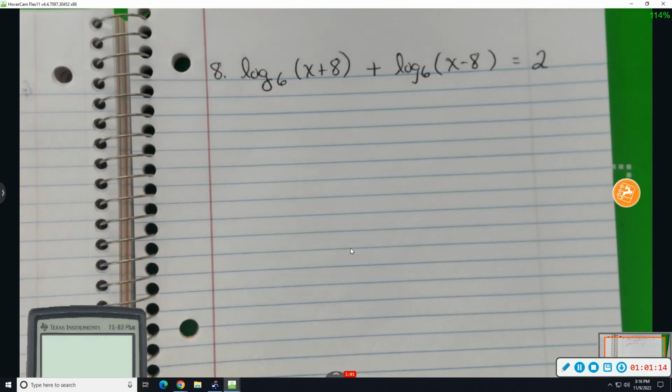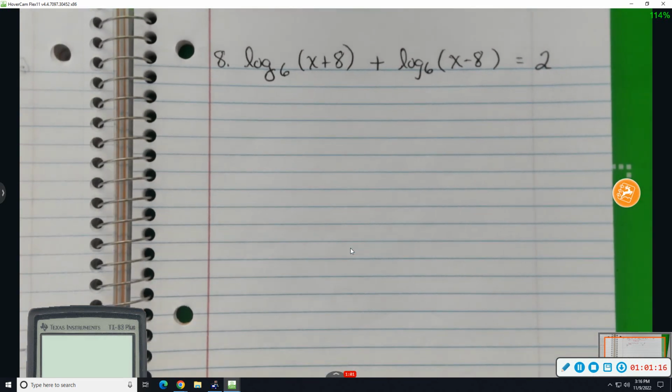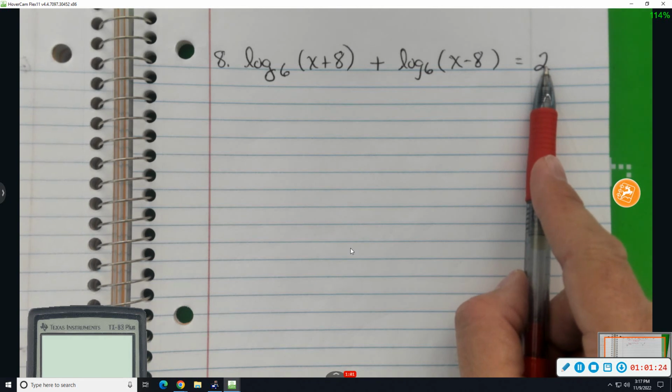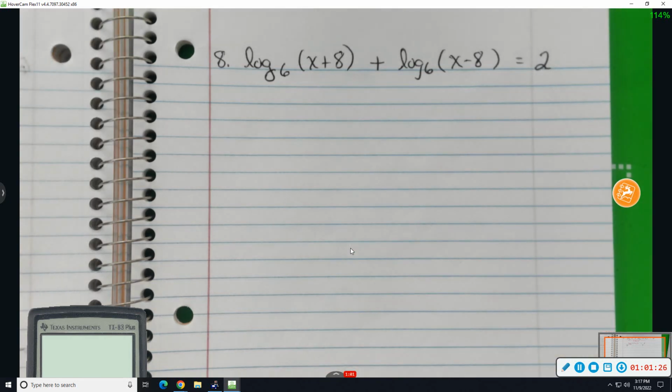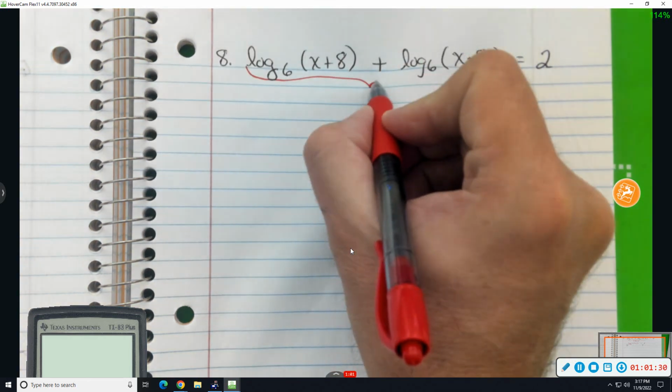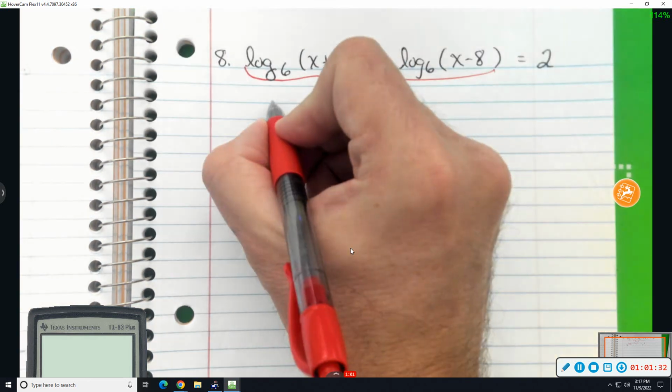Well, this one's already written with the number by itself, so we don't have to move anything around like we did on the other. But we do need to condense this down to just one logarithm.